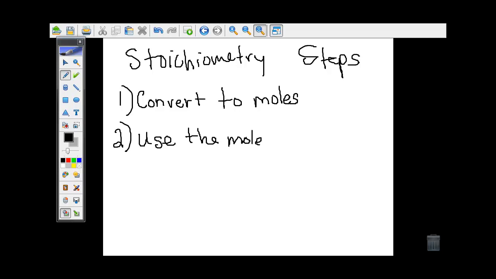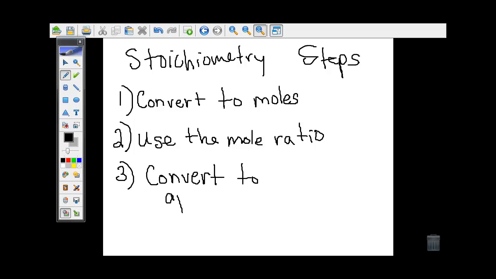Remember, the mole ratio will always be moles over moles. Step 3, convert to appropriate unit. Sometimes you'll just finish in moles. Sometimes a problem like the last one will ask you to finish in grams.